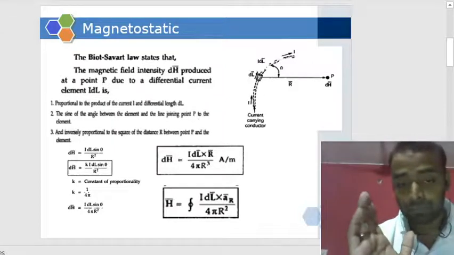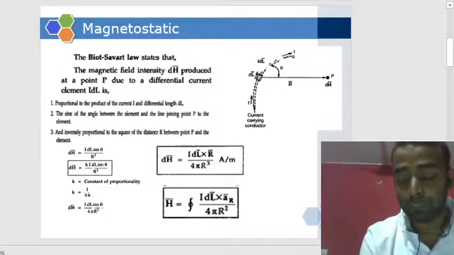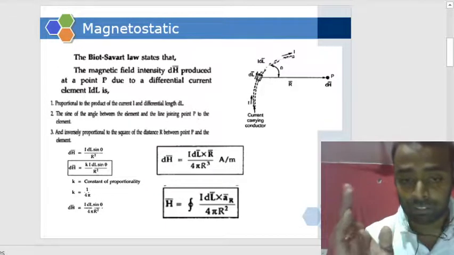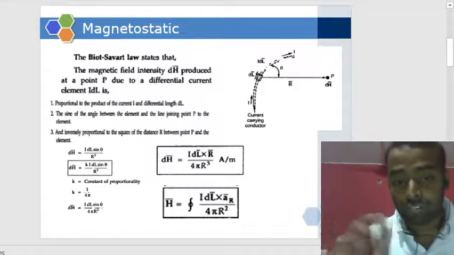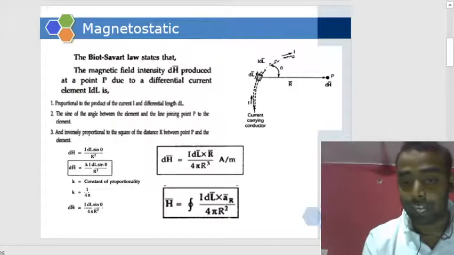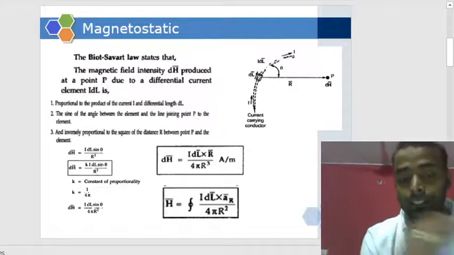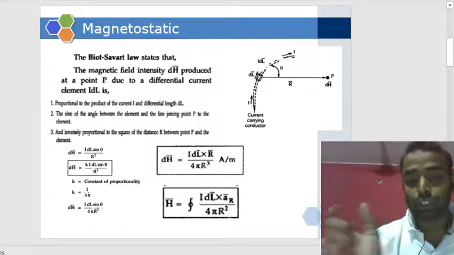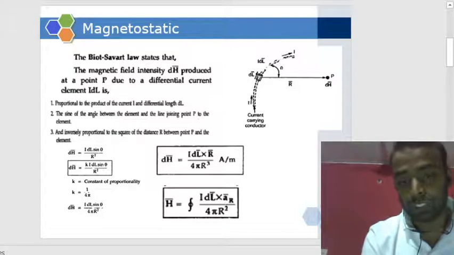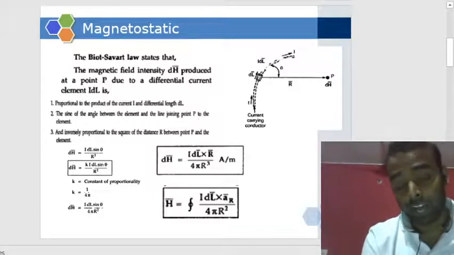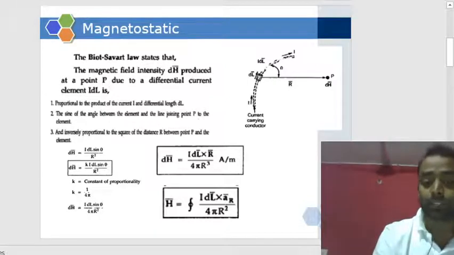Are you getting what I am saying? So the differential magnetic field intensity is directly proportional to, first, the product of current and differential length, second, the sine of the angle between the element and the line joining point P to that element, and third, it is inversely proportional to the square of the distance between them. कितना distance है? R. So dH will be inversely proportional to R square.